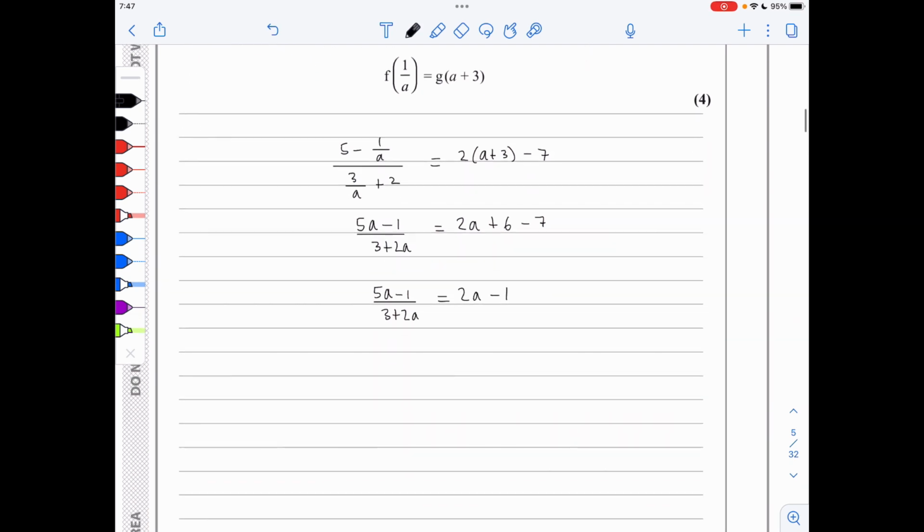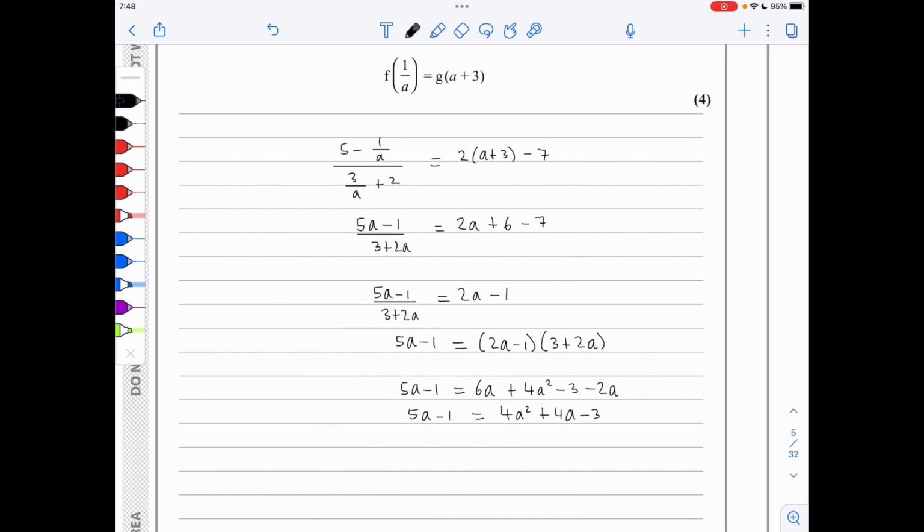I will now cross multiply to get 5a minus 1 is 2a minus 1 times 3 plus 2a. So I will expand the right hand side to get 5a minus 1 is 6a plus 4a squared minus 3 minus 2a, which leads to 5a minus 1 is 4a squared plus 4a minus 3.